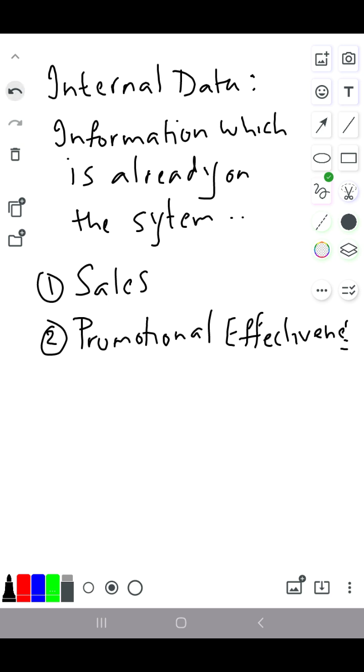When we talk about promotional effectiveness, we are talking about how effective your discounts were in terms of bumping up the sales, how effective your promotions, your free products or free samples, were in bumping up the sales. So this has to do with effectiveness.